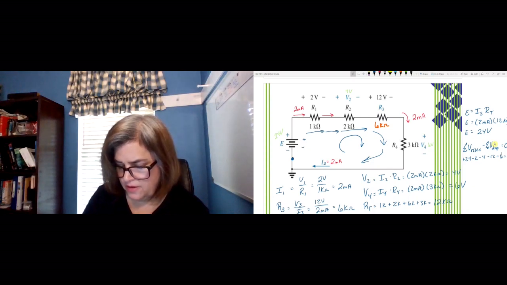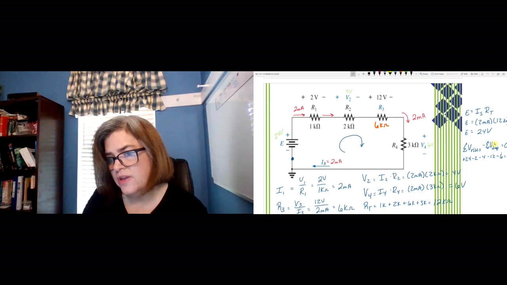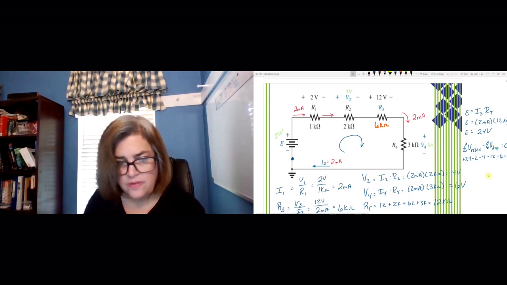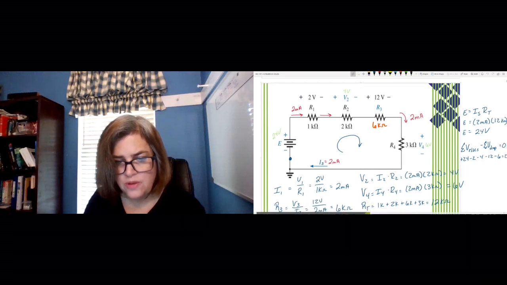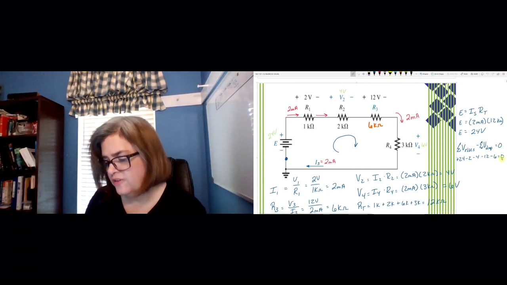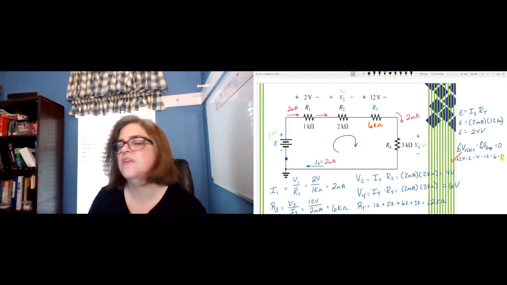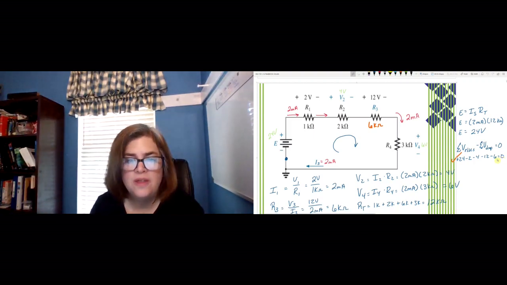Now let's see if it does. I have 24 minus 2. Let's see if I can move this over just a touch. I've got 24 minus 2, which is 22, minus 4, which is 18, minus 12, which is 6, minus 6, which is 0. So what I found there was, yes, Kirchhoff's voltage law was upheld.